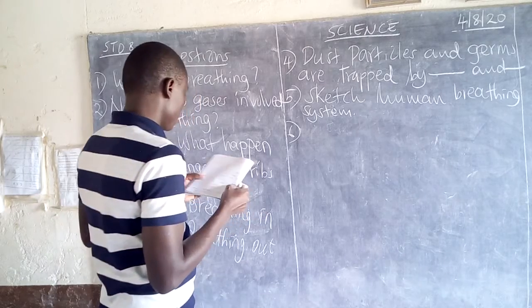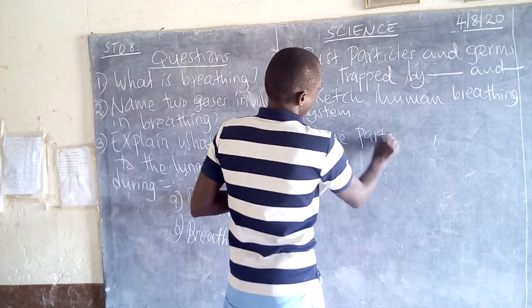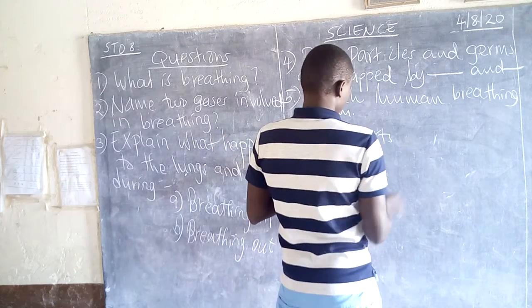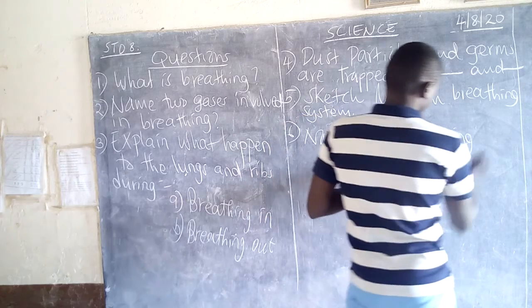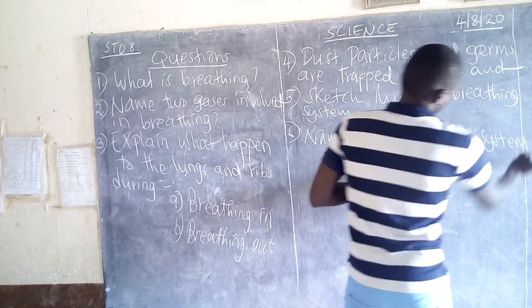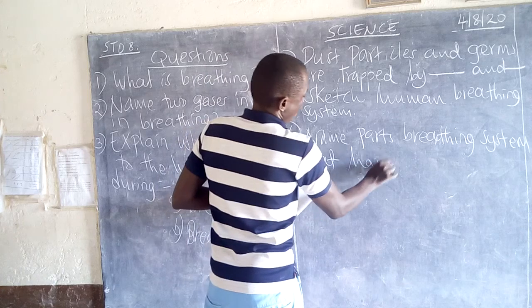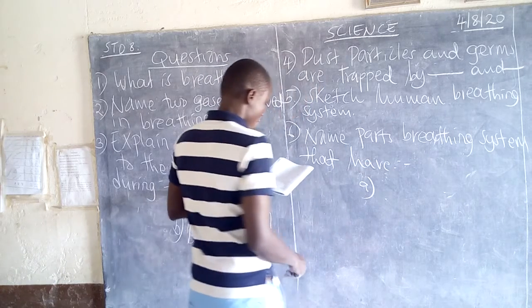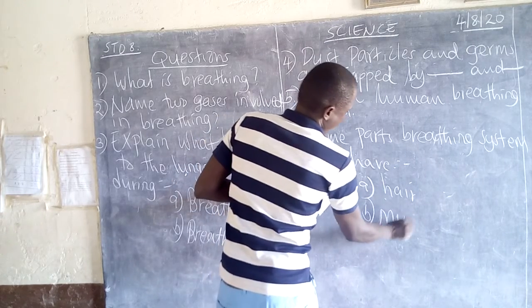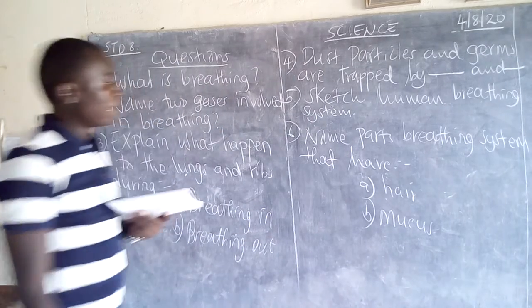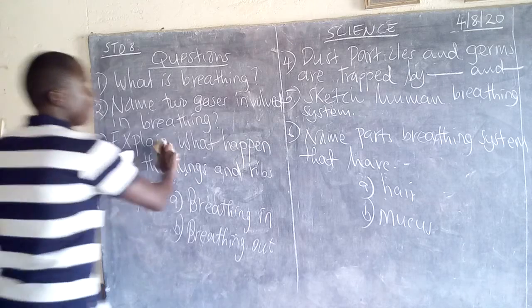Number 6, name the part of the breathing system that has A, air, B, mucus.